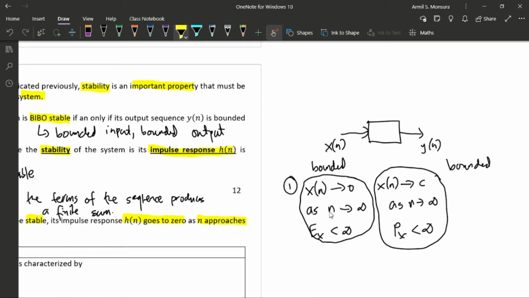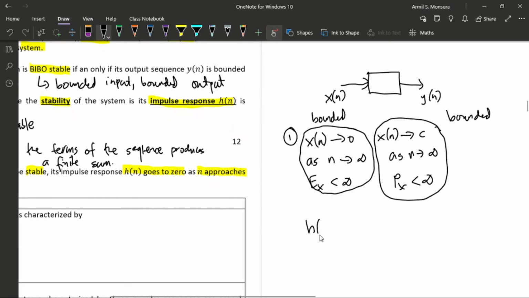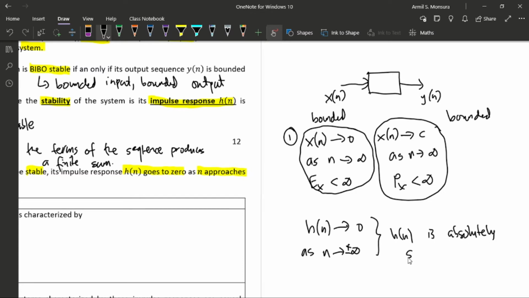If your h[n] approaches 0 as n approaches infinity, plus or minus, we will be considering that your h[n] is absolutely summable.